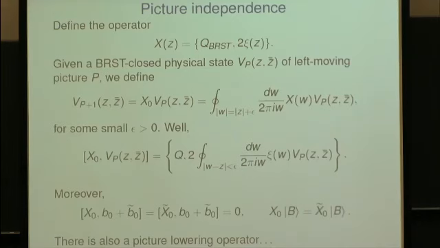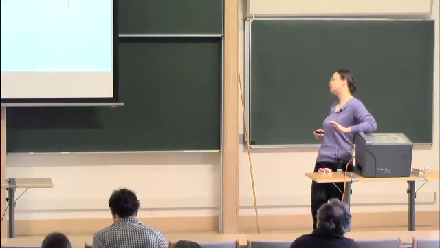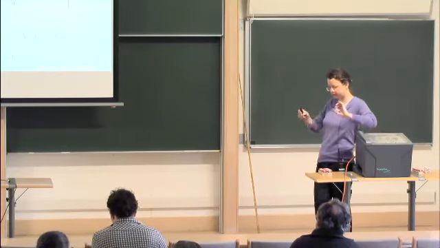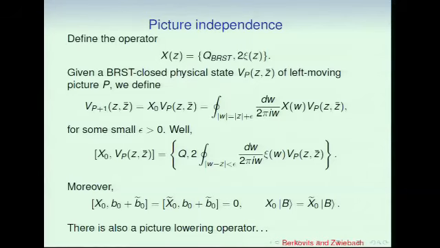But it turns out that as long as the momentum, and this is where the condition of non-zero momentum enters, as long as the momentum of the states is non-vanishing, which means as a vector it shouldn't have all the components equal to 0, not just the physical state condition, there is a picture lowering operator. And one can show that the cohomologies in different pictures are isomorphic.